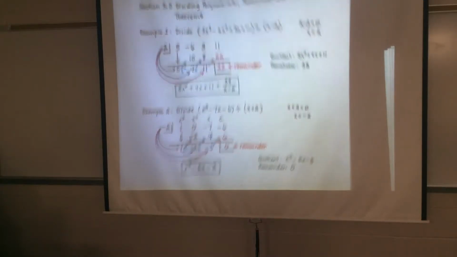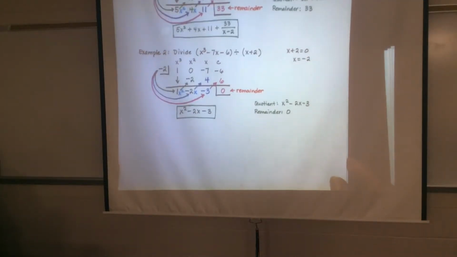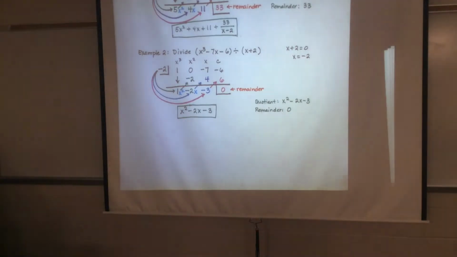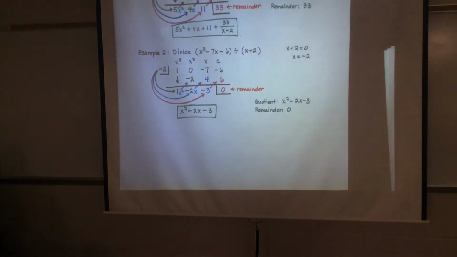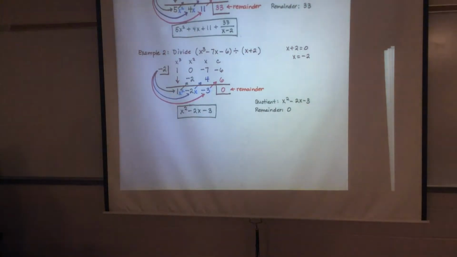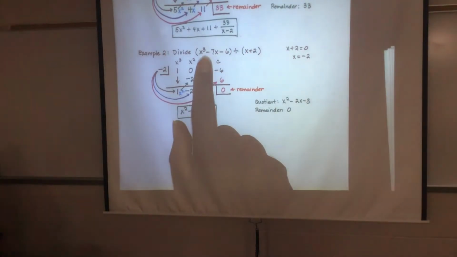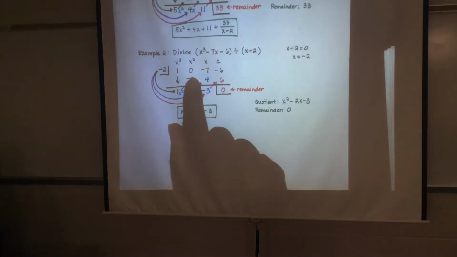Now, in example 2, we're going to divide x cubed minus 7x minus 6 by x plus 2. In this case, there is a missing x squared term. So we need to compensate for that with a 0 coefficient for your x squared.